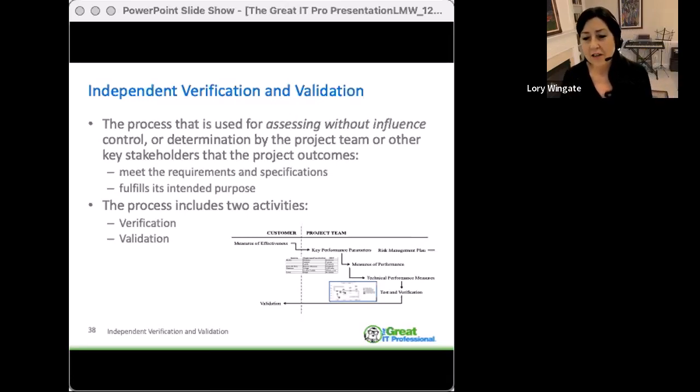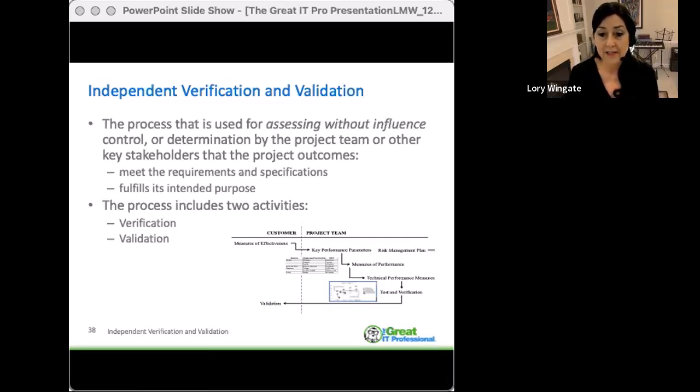So we've reviewed the interactions between test and verification. And now I want to spend a little bit of time further defining verification and then validation. And I think you'll see and agree that these two highly interrelated processes tie directly into customer satisfaction, and it is important to get an independent assessment of whether or not they met the requirements.